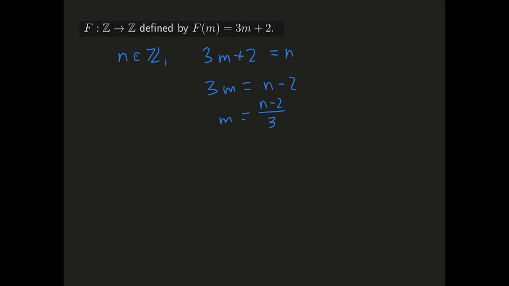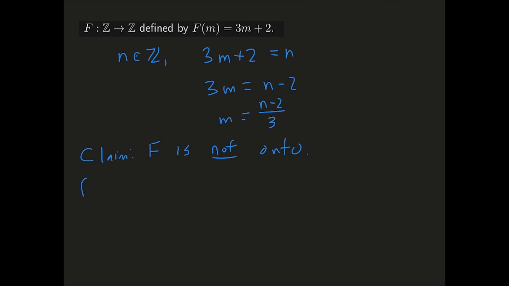And in order for it to be a surjective function, this would have to be an integer for every possible n that I could pick. So this one is not surjective. So my claim now is that f is not onto.